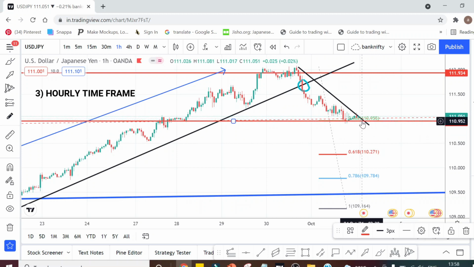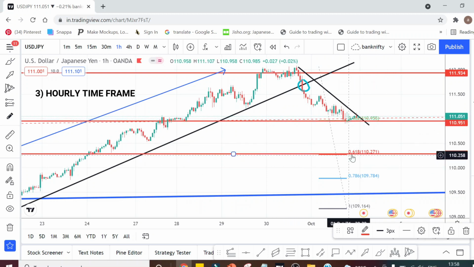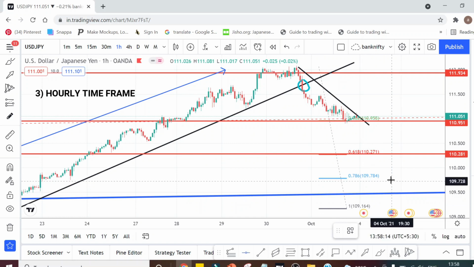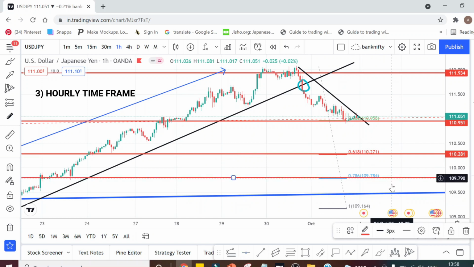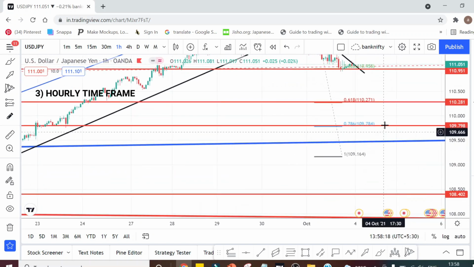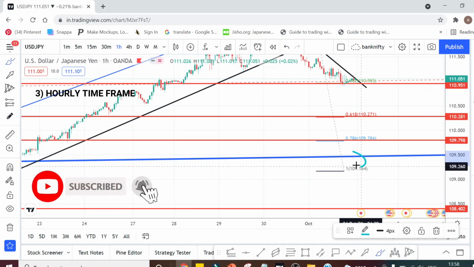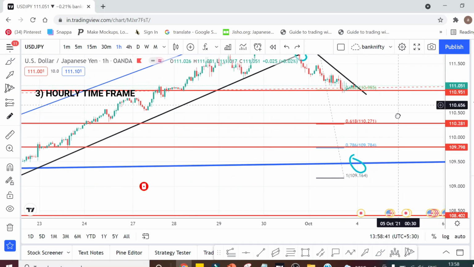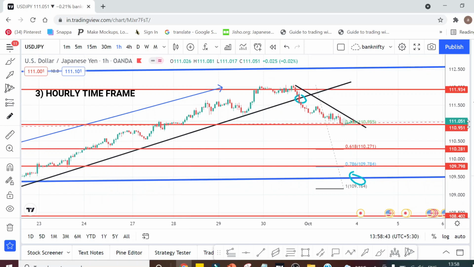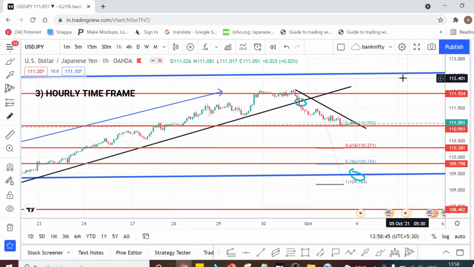Testing the level 0.38. Next level is going to be 0.618. The next level is going to be 0.786. So these are the levels on the downside. And overall, when we see it in the daily time frame, it is in a channel pattern. So as long as this level holds, it doesn't break this level, we can see a trend reversal happening. If the trend reversal happens, this is going to be the next target.